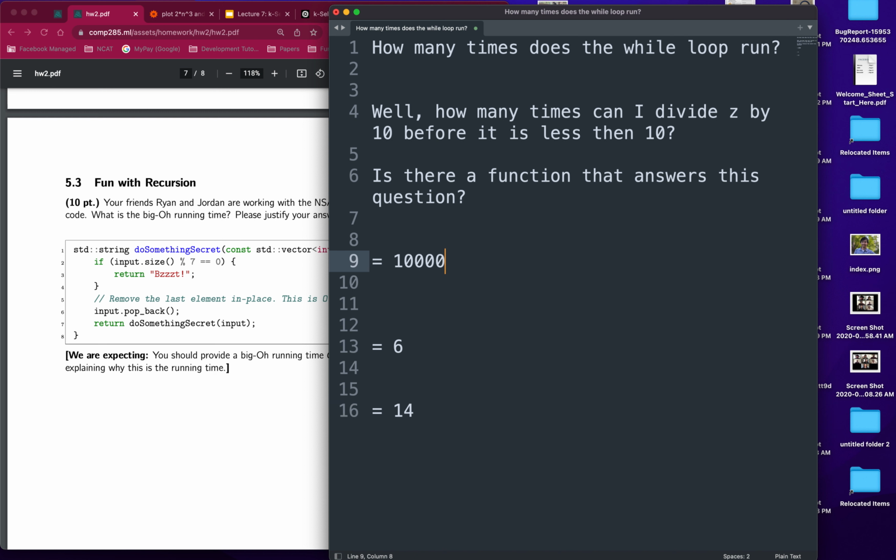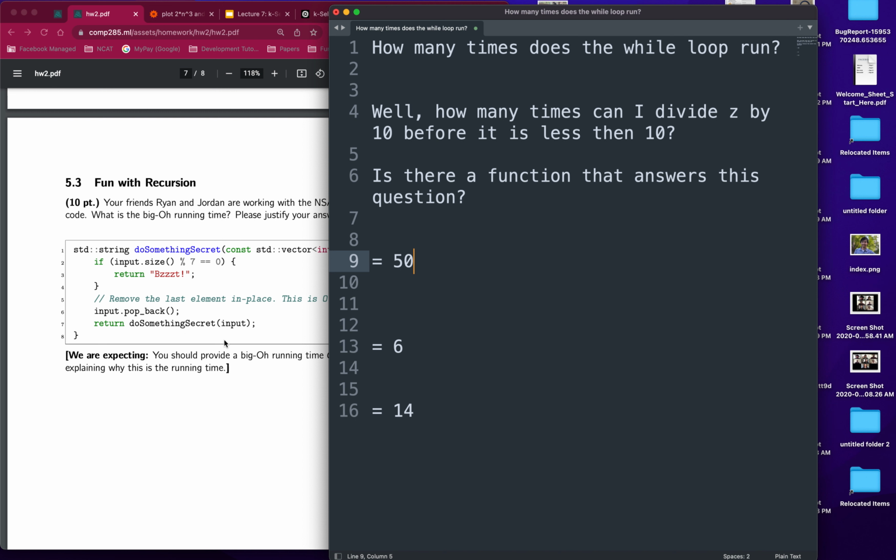So for the 1,000 input size, it'll first check to see, well, let's try something easier. Let's say our input size is 50. So for the 50 case, it'll first check to see if it's divisible by 7, which it's not, in which case it'll remove one element and then call itself.